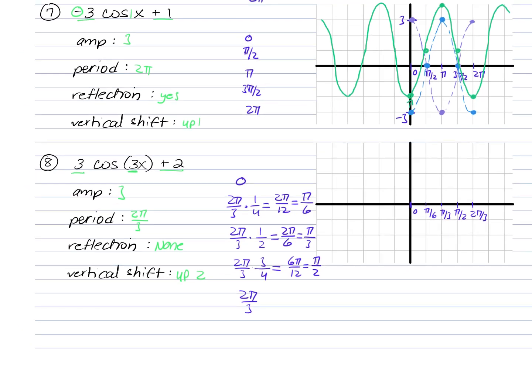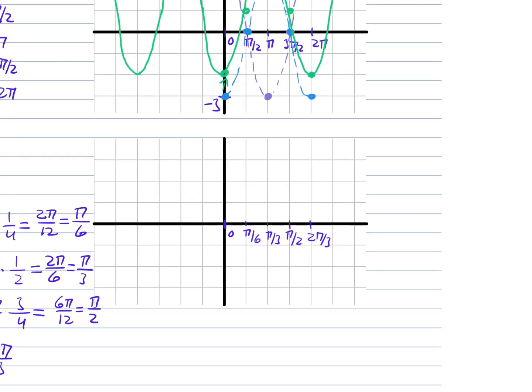All right, our amplitude is 3, so the highest point that we're going to go is 3, the lowest is at -3, and then I would plot some points, right? Remember, cosine is always going to start at the highest, and then at the quarterly intervals, we're going to go down and then back up. All right, so it's going to look something like that.